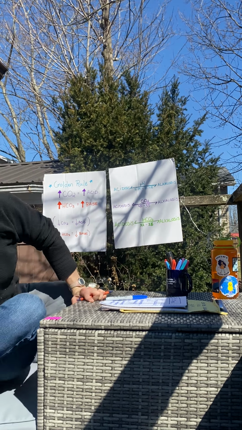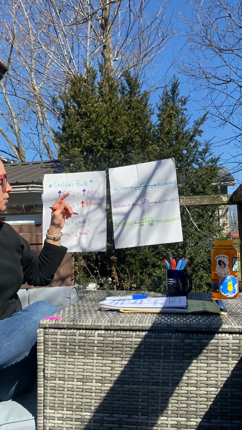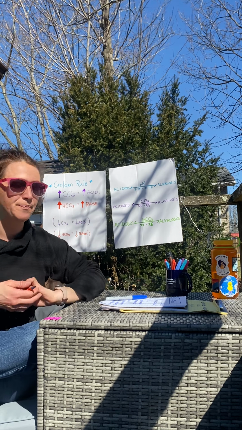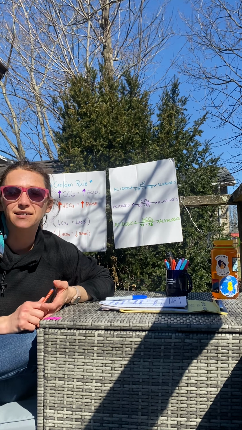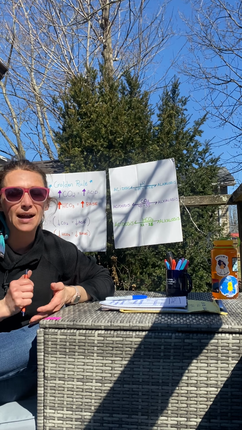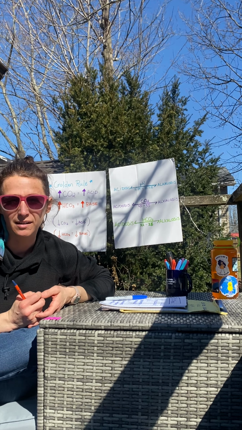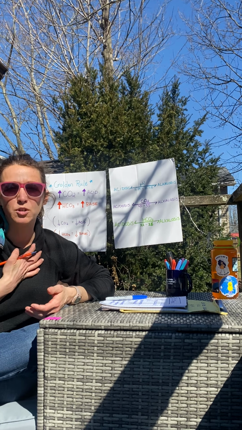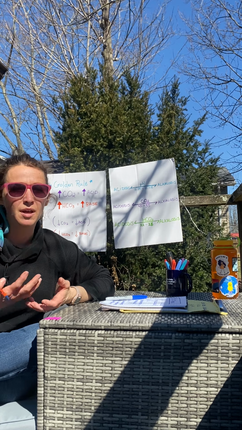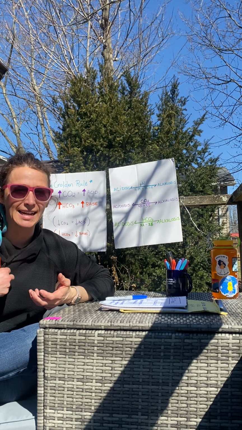All right, and then we get over to the golden rule I want you to remember. CO2 is an acid in your body. Bicarb is a base in your body, okay? So the more CO2 your body's hanging on to, the more acidotic it's gonna get.